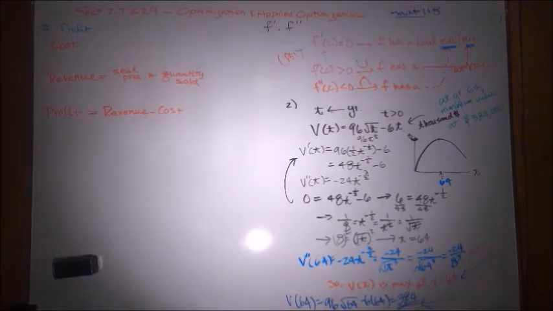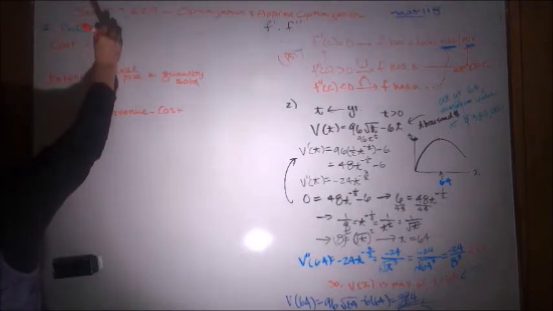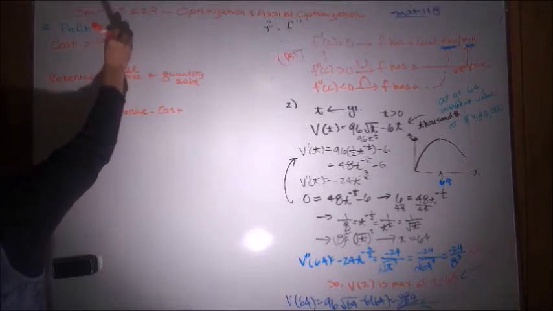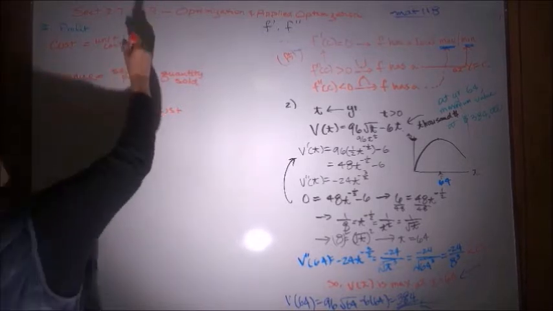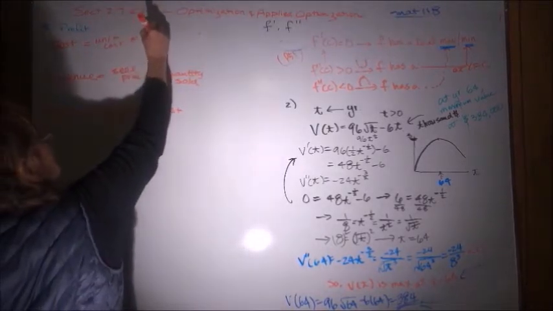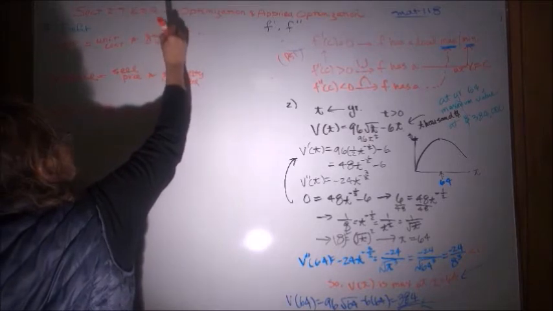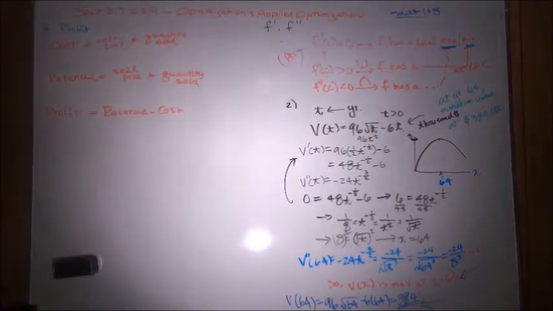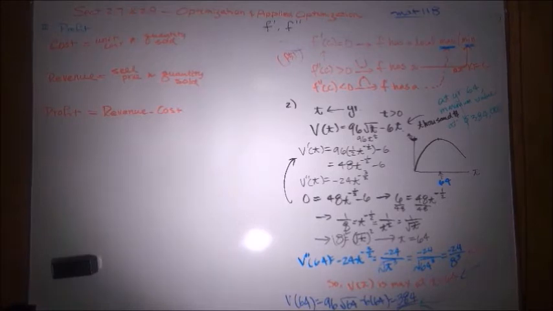Then how much will it cost you? Your unit cost, say each one is $20, times the quantity sold will be your actual cost for the material. So you find your revenue, and you find your profit this way.